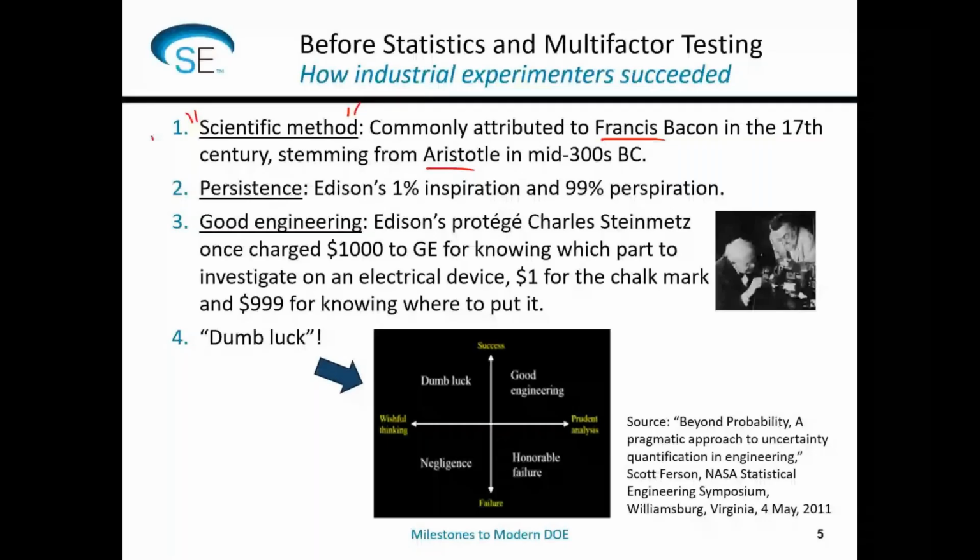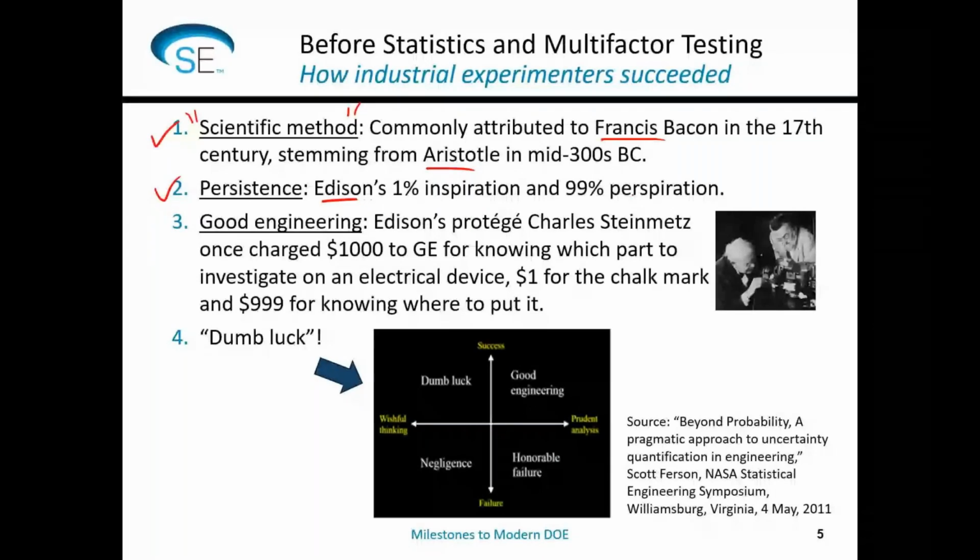And then we get into a period of persistence, where we had some inventors that came along like Edison that basically just put a lot of energy in and never quit. Edison said that invention was 99% perspiration and 1% inspiration.